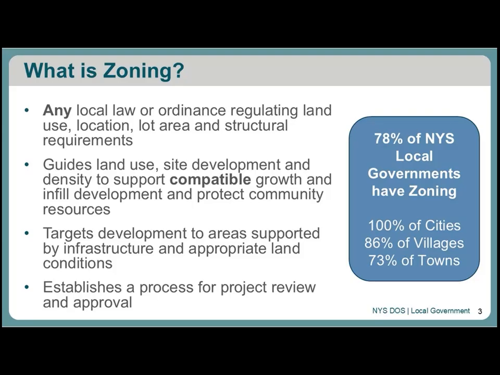So-called Euclidean zoning, as we first referred to traditional zoning, was about separating incompatible uses. The purpose of it was to prevent fire hazards and other threats to health and safety by separating things like residential from industrial and things like that. So the term compatibility has always been part of the zoning concept.